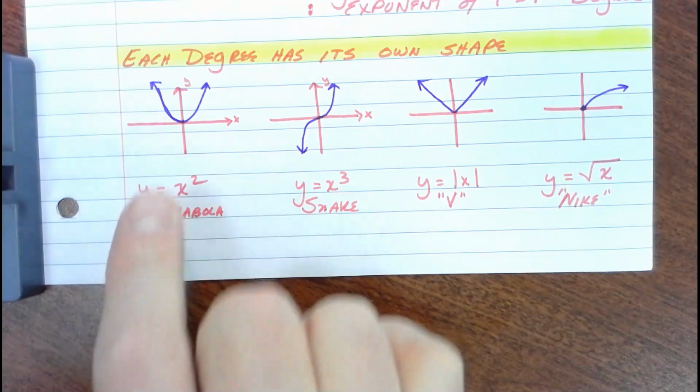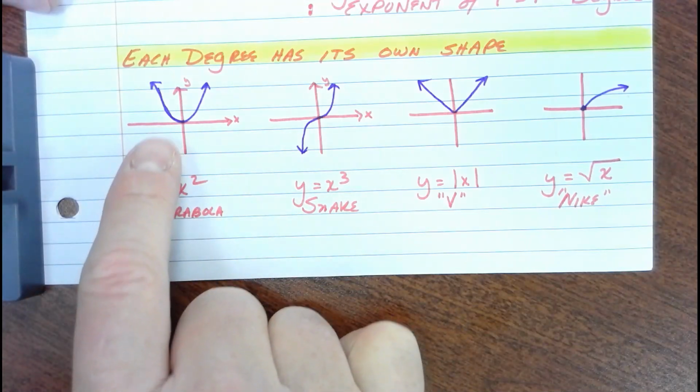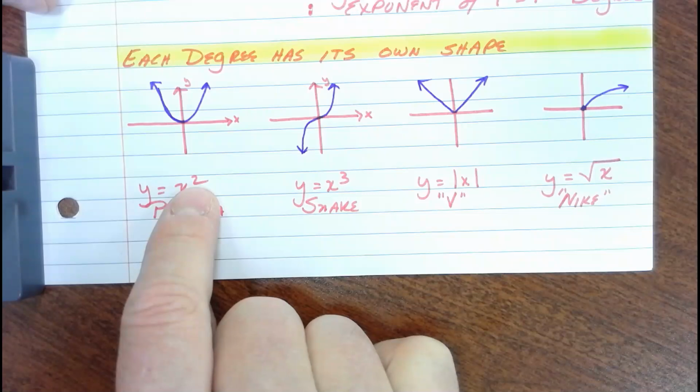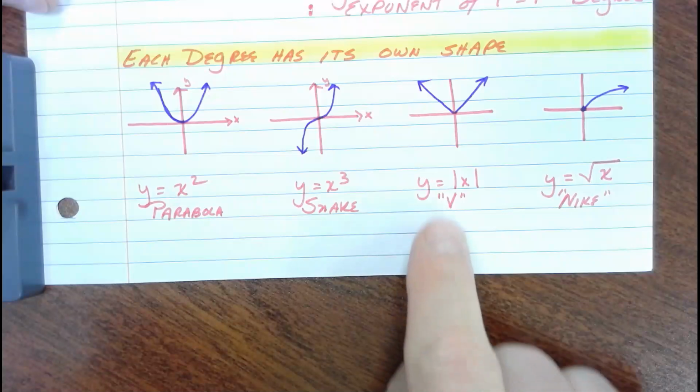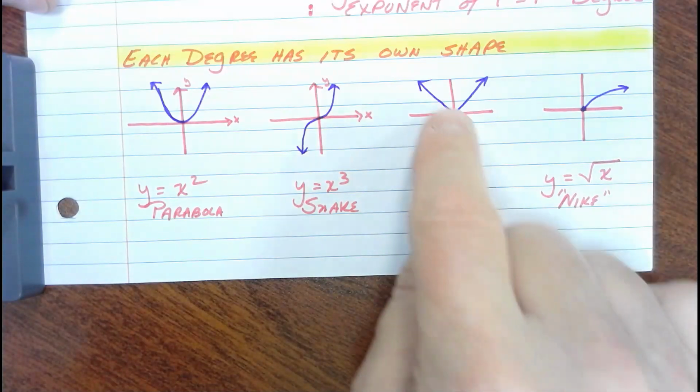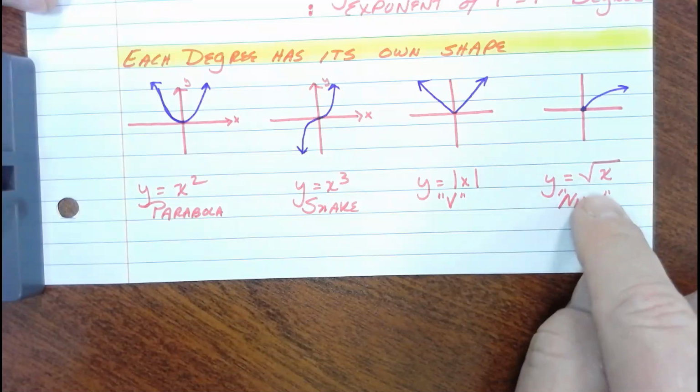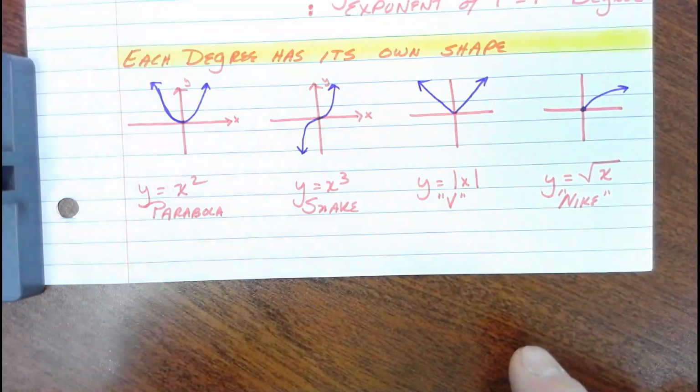Now, the point is that when I see x squared, I know it's a parabola. When I see x cubed, I know it's going to be a snake. When I see absolute value, it's a V.